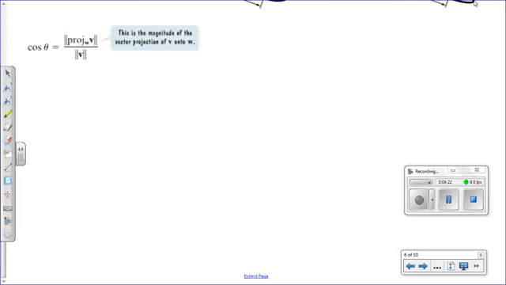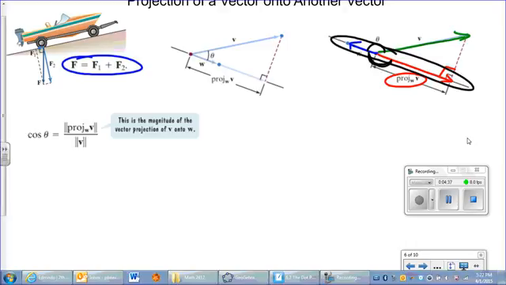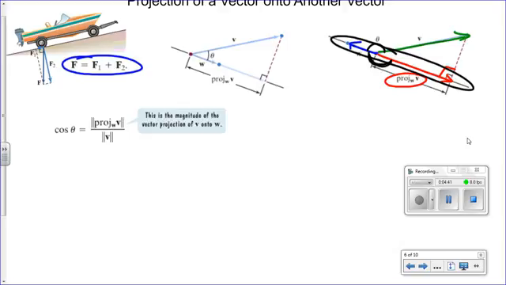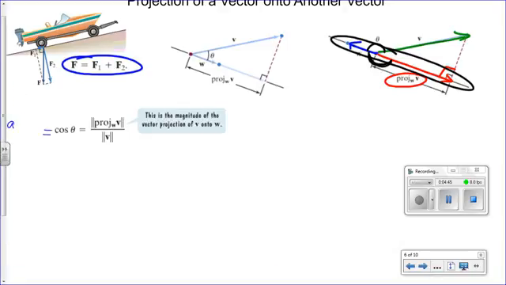All right, so let's see a little short proof of what the projection is. For that, we're going to use the image that we have here. I'm just going to erase a little bit of it. We're going to find what the cosine is. Of course, we all know that cosine of theta is defined as the adjacent side to theta divided by the hypotenuse.